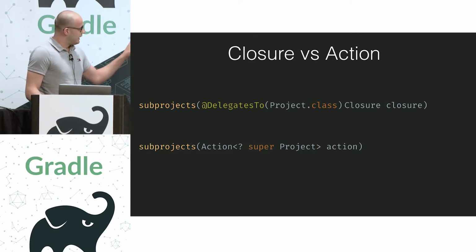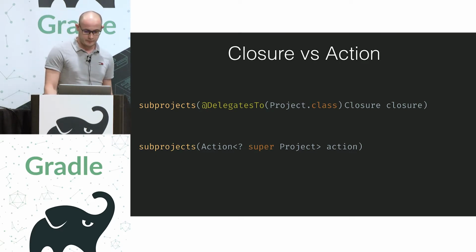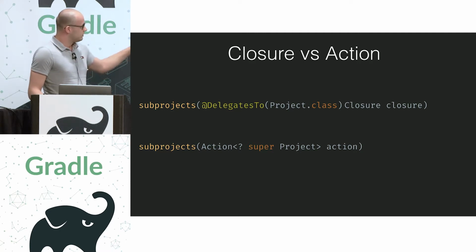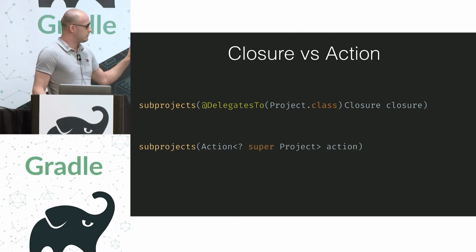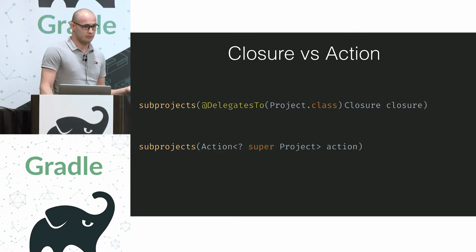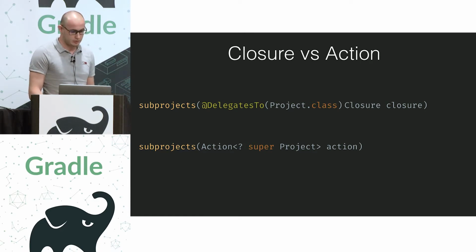And anytime you have a closure or an action, you can always write a closure in a Groovy script because it will be coerced into an action, because Groovy does that. This is important because in many places in Gradle you have two methods, one that accepts a closure and another one that accepts an action. But for example, the Android plugin only accepts action because they don't need to accept closure. It will work anyway.